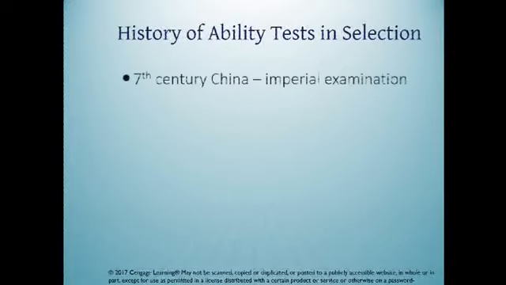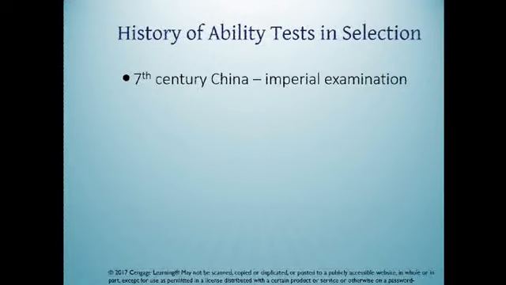So let's get into it with a history lesson. The first cognitive ability tests were used, believe it or not, in 7th century China and through most of the past millennium in China for the imperial examination, which was used to select applicants to work for the Chinese bureaucracy.